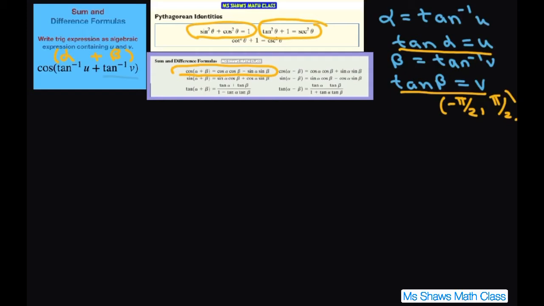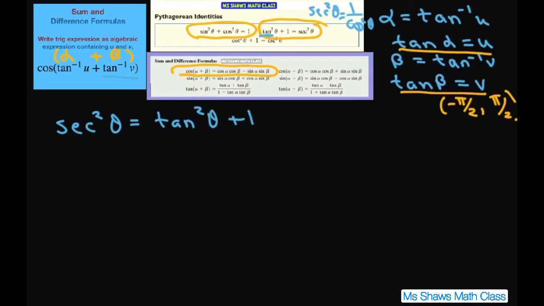So I have a tan here, and I know secant squared equals 1 divided by cosine squared. So I'm going to find secant. So I have secant squared of theta equals tan squared of theta plus 1.